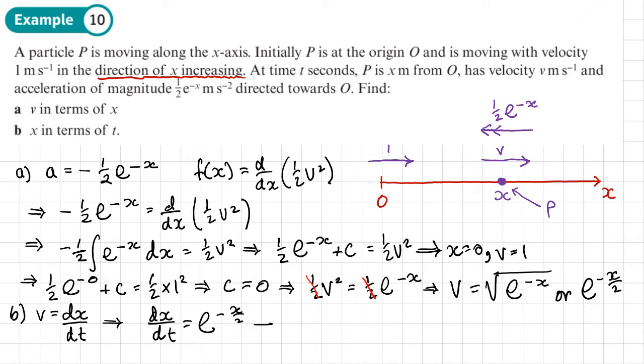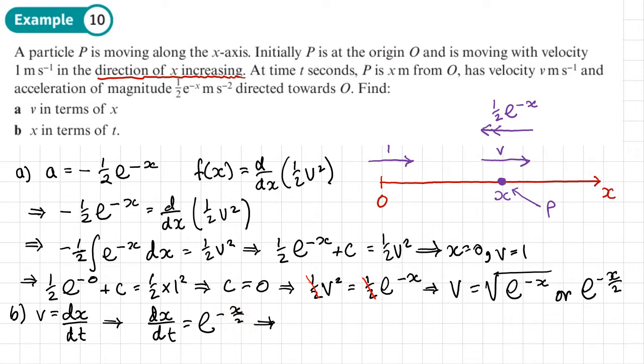Separation of variables just basically means collecting like terms. We're going to put all the dx terms on one side and the dt terms on the other side. I'm going to multiply both sides by dt, so dt comes over here. I want the x term on the left hand side, so I'm going to divide both sides by this term, which means that this power becomes positive.